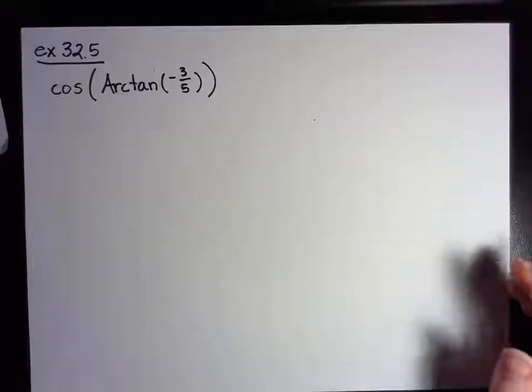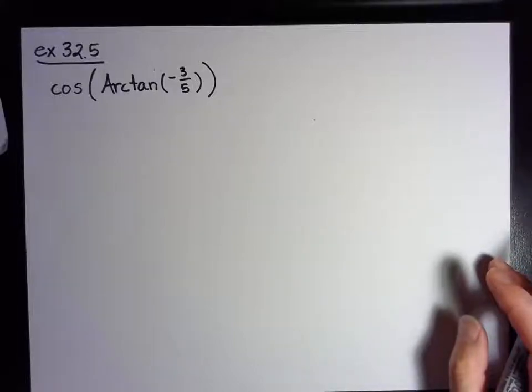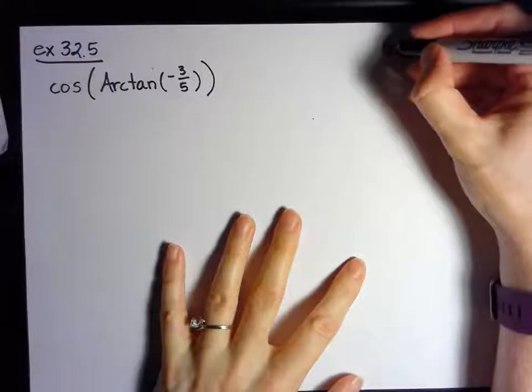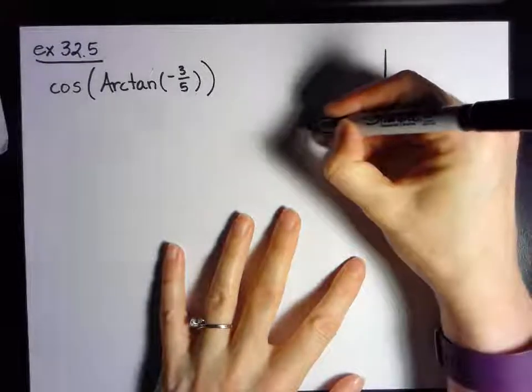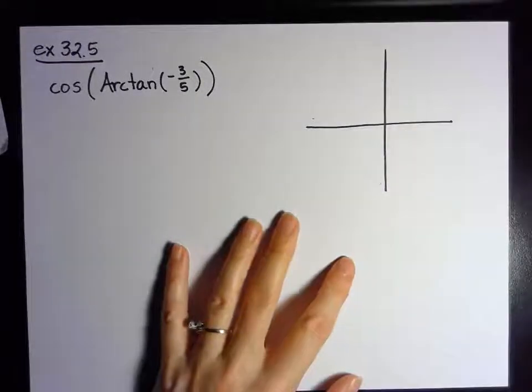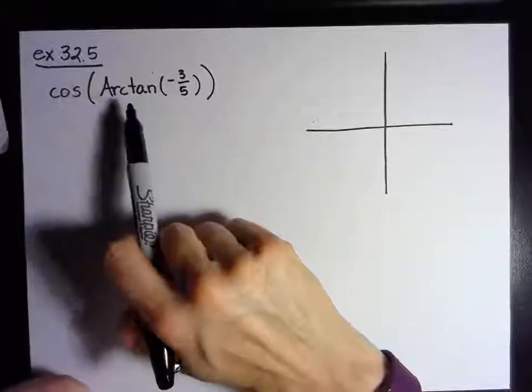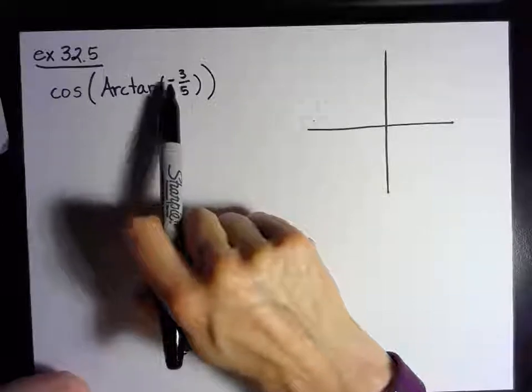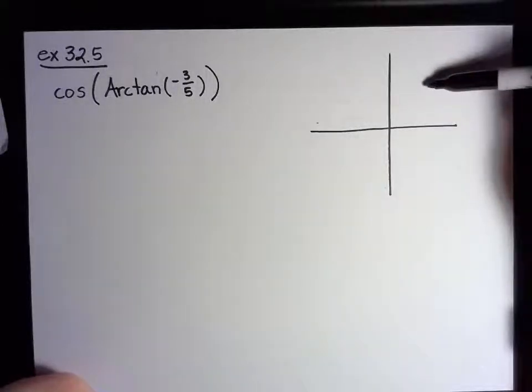Now we have the cosine of the arctangent of -3/5. Similar to last time, where can the tangent be a negative value? They're all positive here in the first quadrant.